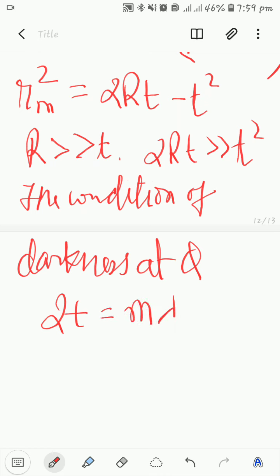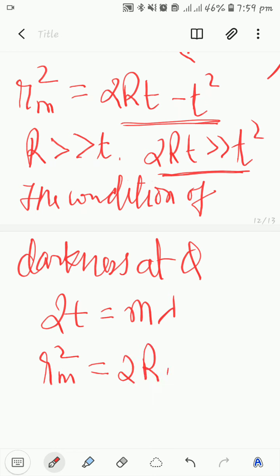Okay, so from above we can say that here 2RT is very much greater than T square. So we can just write it as rm square is equal to 2RT, 2 capital R small t.